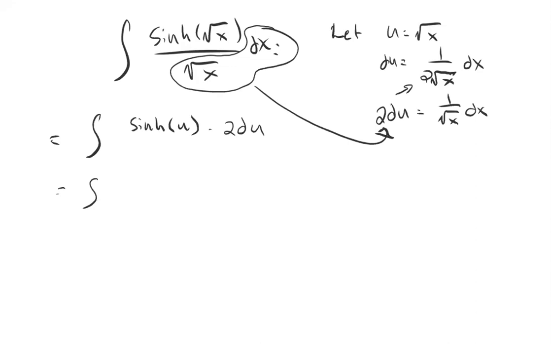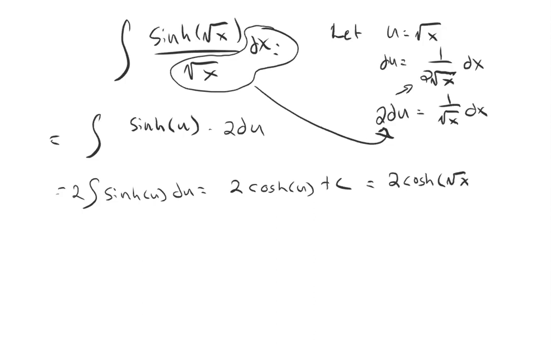So we have 2 sinh of u du is 2 cosh of u plus c. And then now we started with x's. We want to finish with x's, right? So now we make that substitution back. We have 2 cosh of square root of x plus c, and we're done. Okay?